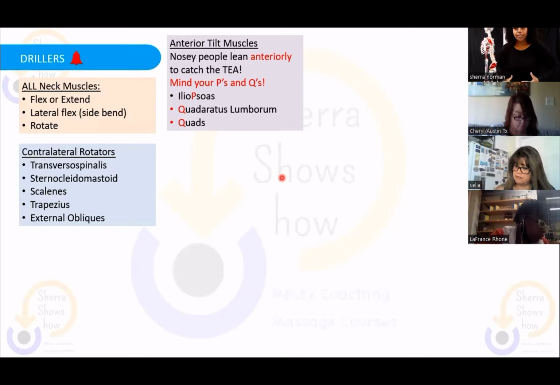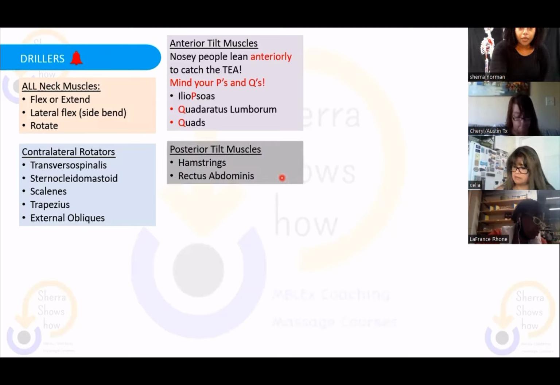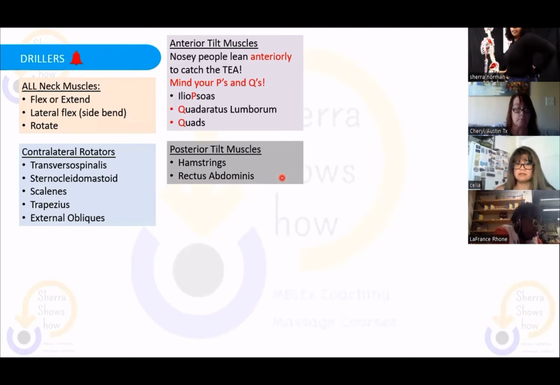When your client presents with an anterior tilt, maybe they have hyperlordosis, maybe they are sway back. That means their quads are going to be tight, their quadratus lumborum is going to be tight, and their psoas muscles are going to be tight. On the other side of that, the posterior tilt muscles are your hamstrings and your rectus abdominis. If they are too tight, they're going to give you a posterior tilt.